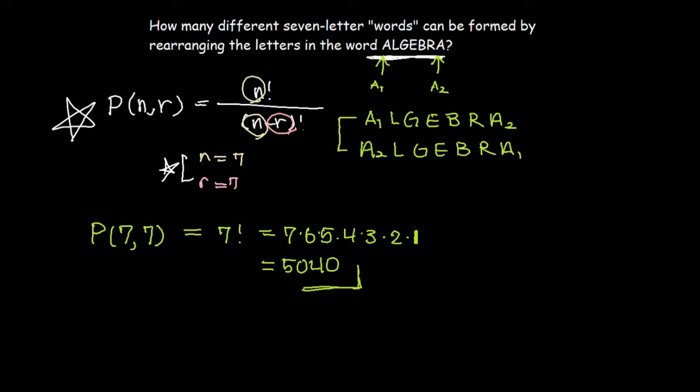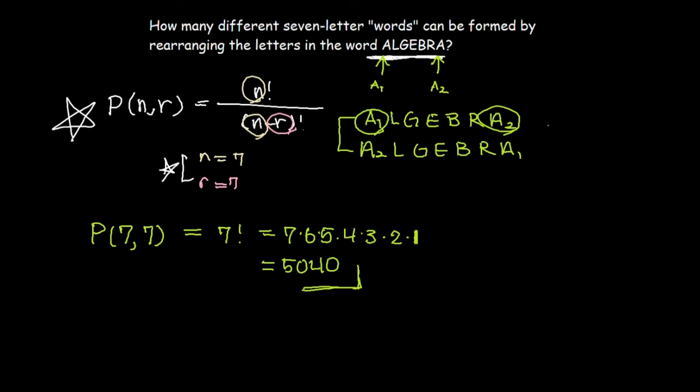These two are the same words. However, when you're using the permutation formula, this is going to be counted twice. Why? Because in permutation formulas, they think this A sub 1 and this A sub 2 are different. However, we know that A's are all going to be A's, right?